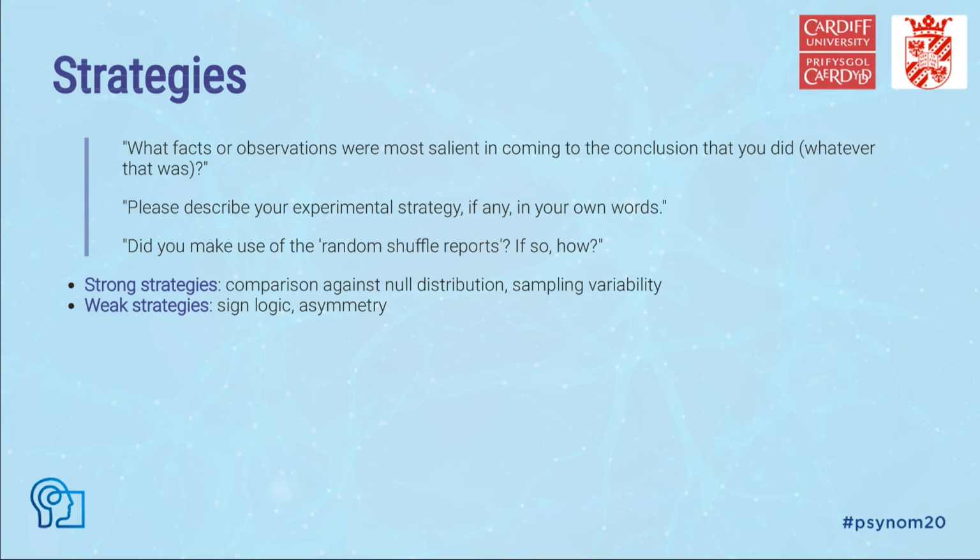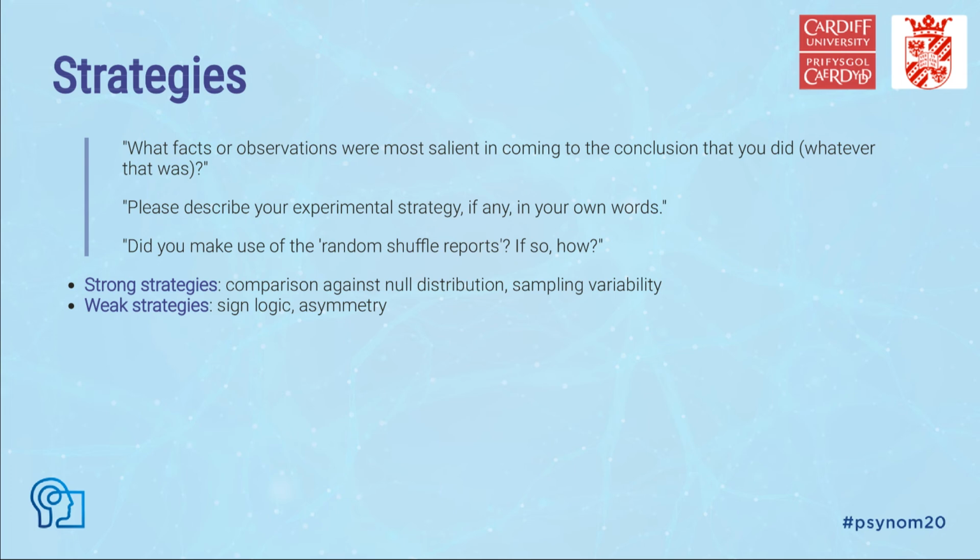Participants appear to be successfully calibrating to their null distribution. We don't have to just guess at how the participants perform the task. We also ask them to describe their strategies with 3 open-ended questions. We were actually surprised and pleased at how many participants were willing to spend time detailing their strategy.